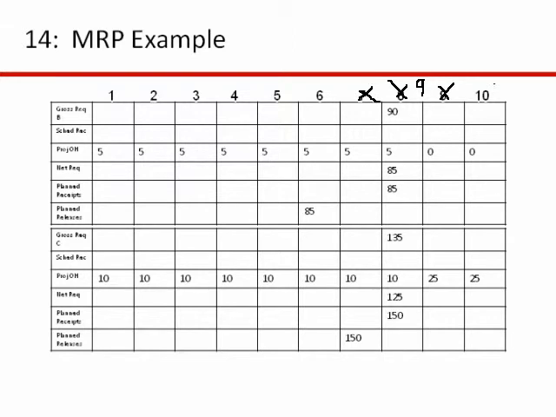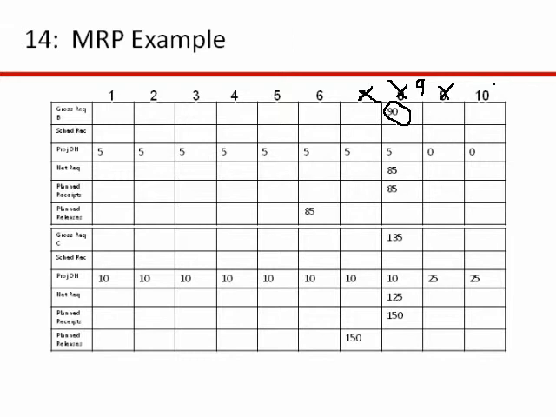Okay, so we know that there are 2 B's per A. So where did this 90 come from? It came from the A right above it: there were 2 B's per A, and we needed a planned order release of 45 A's in period 9.